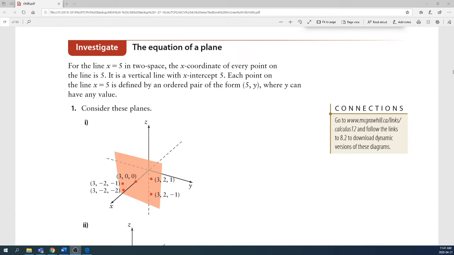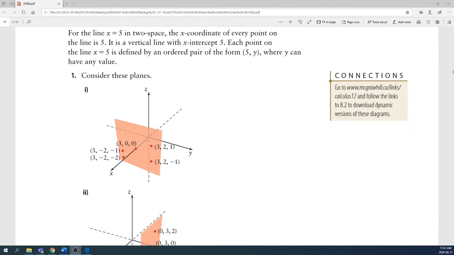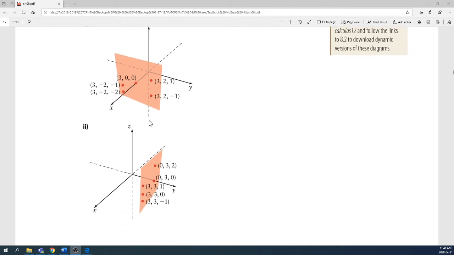That means that for every point on the line, they all have the same x value of 5. The y values are different, but the x values will always be this. Similarly here, all the x values are always 3. It's just the y and the z values that can change. That means that most likely I can represent this plane with a simple expression, x is equal to 3. We'll get to the equations afterward, but just keep that in your mind.